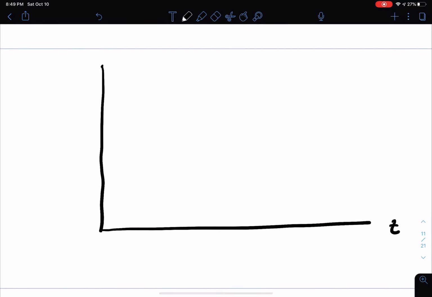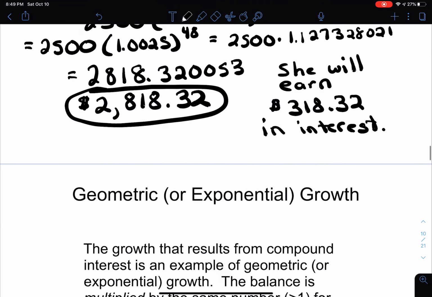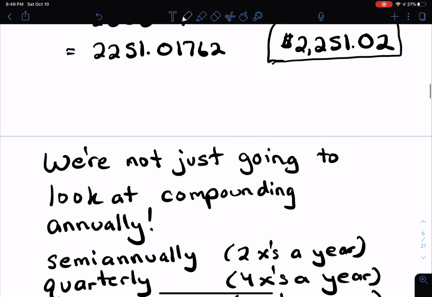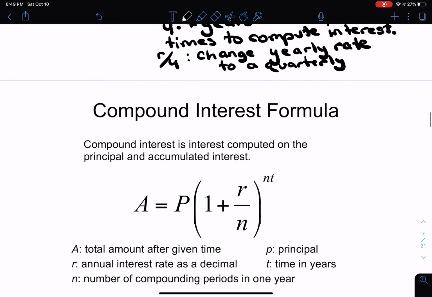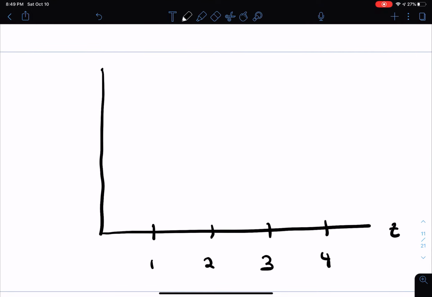So if this is time, 1, 2, 3, 4 years, and that very initial example started out at $2,000 and got to $2,251.02 or so. So let's say this starts at 2,000. The little squiggly says that we've scrunched this with the numbers. The scale is scrunched right there. And then maybe I show it by $50 a pop.